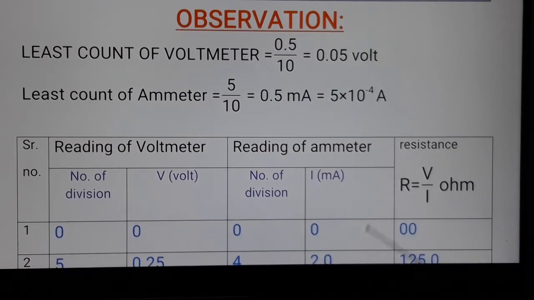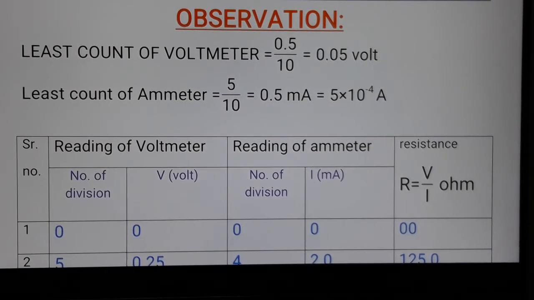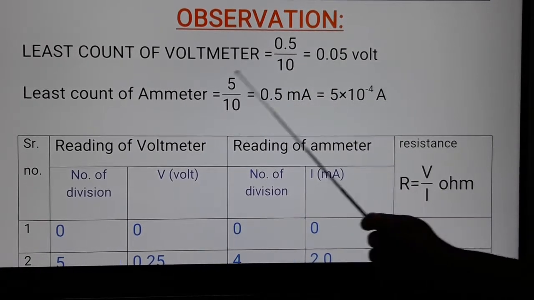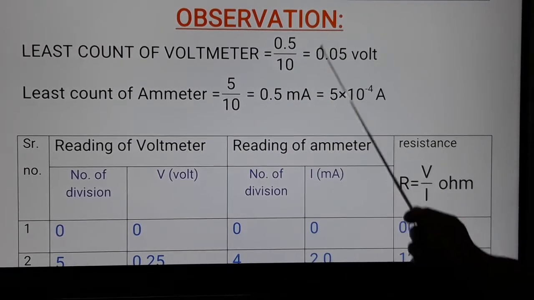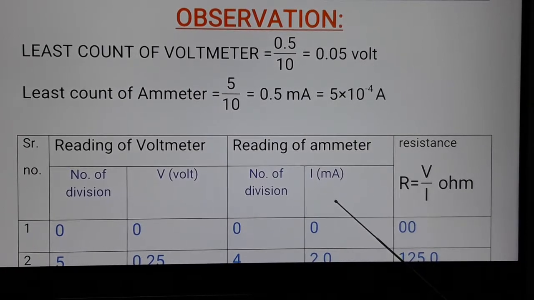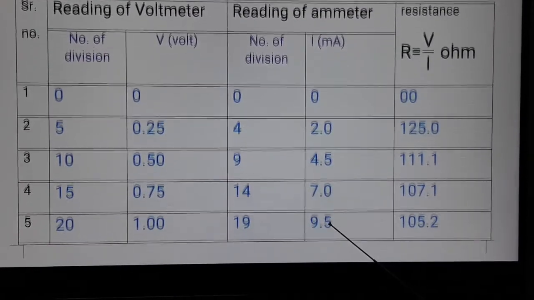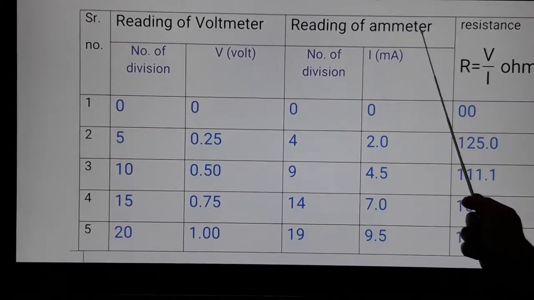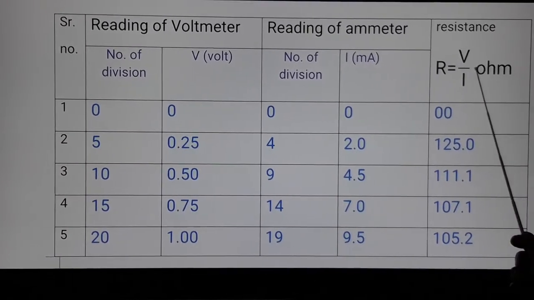Now look here, the observation table. First of all, the least count of the voltmeter and the least count of the ammeter should be written. After that, the reading of the voltmeter, the reading of the ammeter and the resistance.